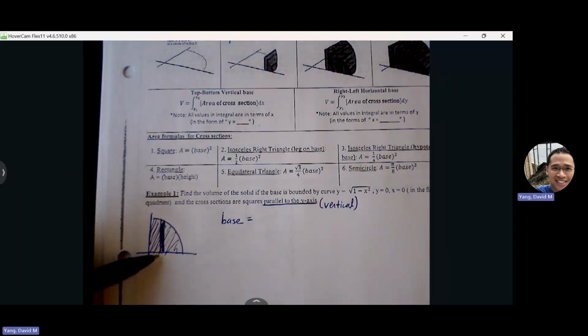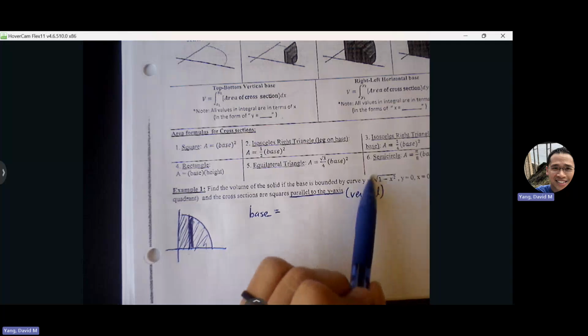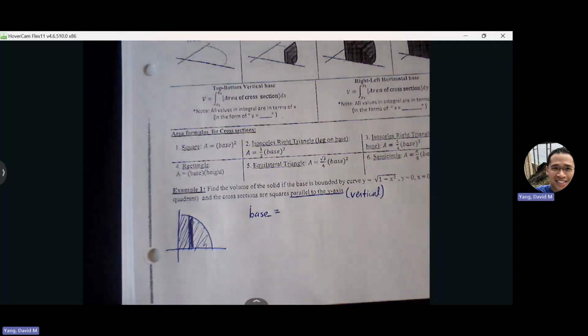If you see a vertical base, it'll be the same way that you do it with a vertical rectangle. It's an easier setup because you don't have to do any adjustment to your equation. But anytime you see a horizontal base, a horizontal rectangle, or a horizontal radius, you know that your equations need some adjustment to be rewritten.